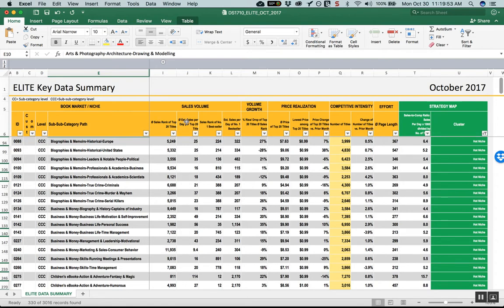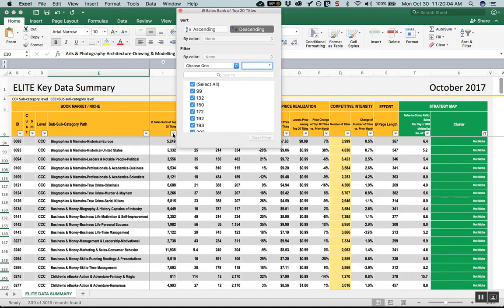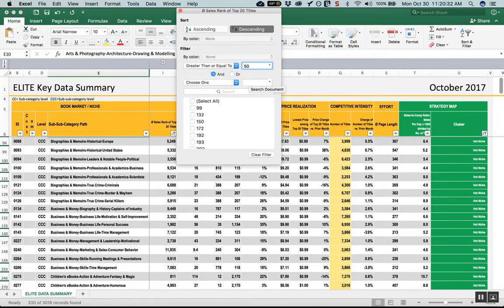Remember, the first two have to do with the top 20 in a category, followed by the best sellers in a category. So in order to do this, I want to figure out what I want my top 20 to be. For my top 20, I want returns where in a given day they are selling at least 50 books a day or greater.